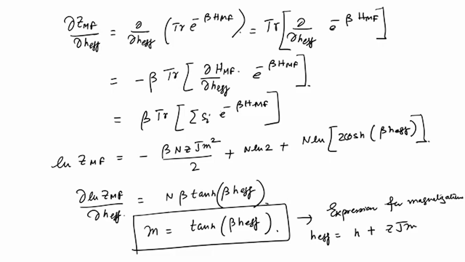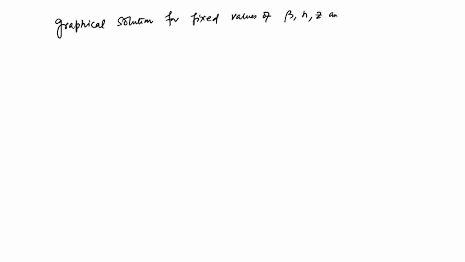And this is what we will do. Instead of doing it numerically, we will do a graphical solution, and let me sketch out the graphical solution for some particular fixed values of beta, H, Z and J.